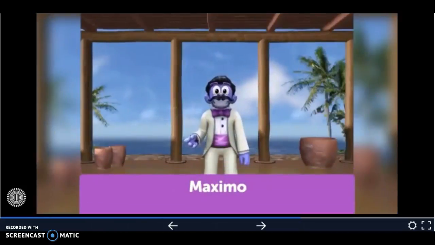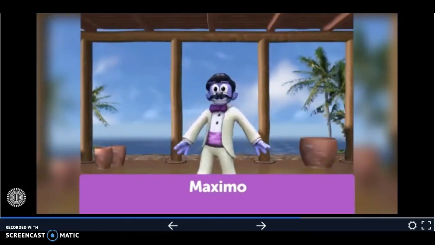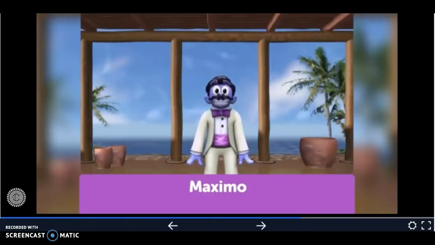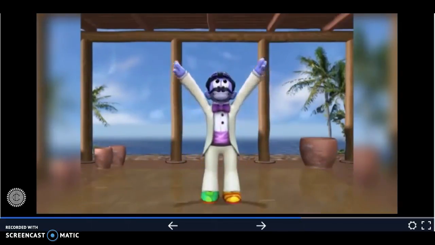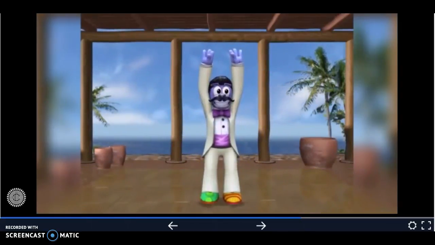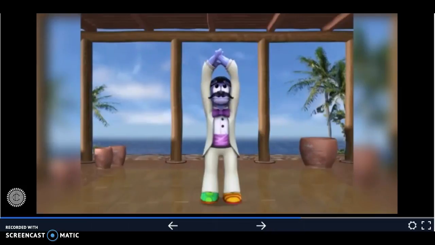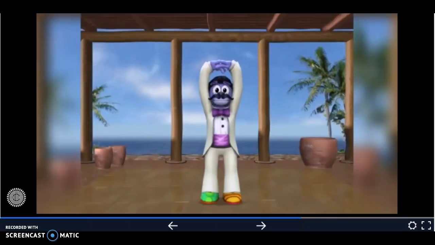Greetings, my friends. It is I, Maximo. Spread out your fingers and reach your arms up to the very tippy top of the jungle sky, or to your classroom ceiling, depending on where you are. Interlace your fingers and flip your palms up. Now let us go around the town.